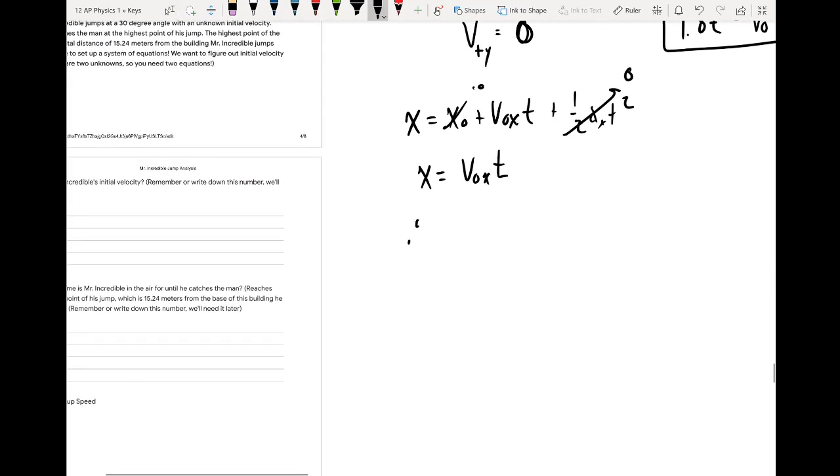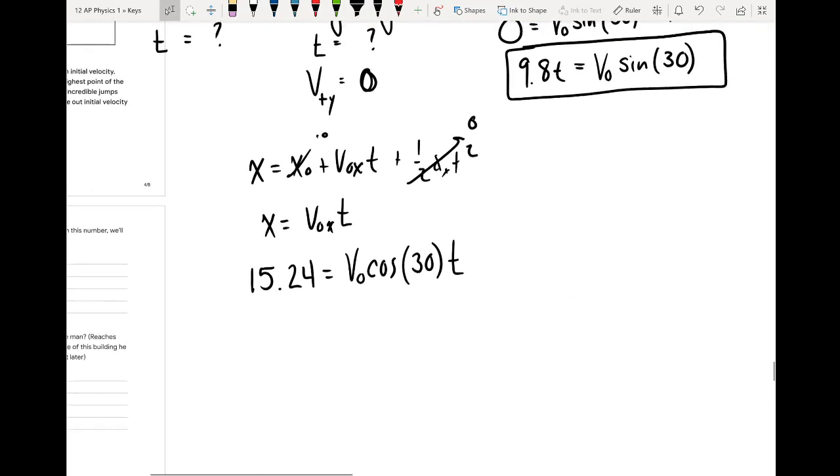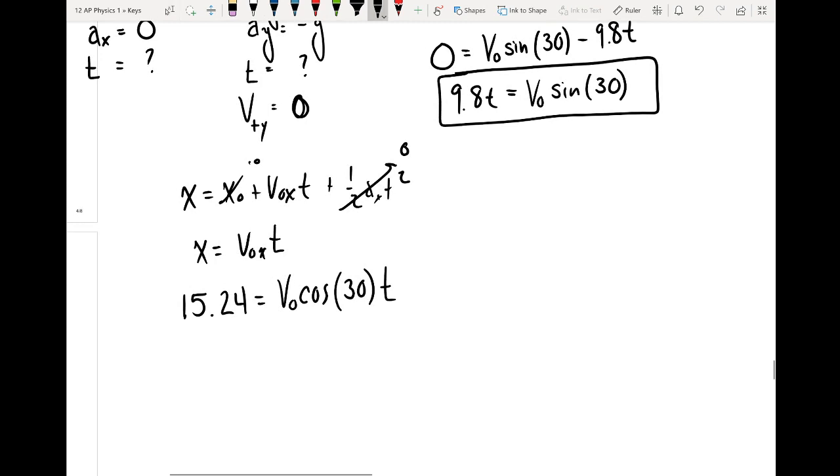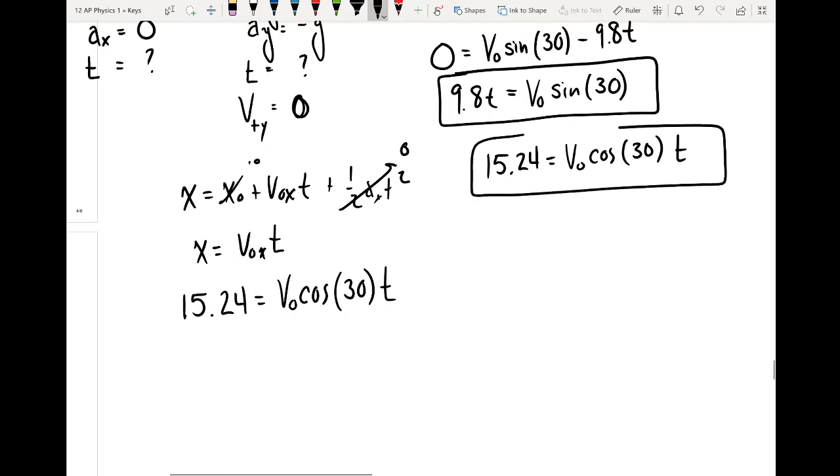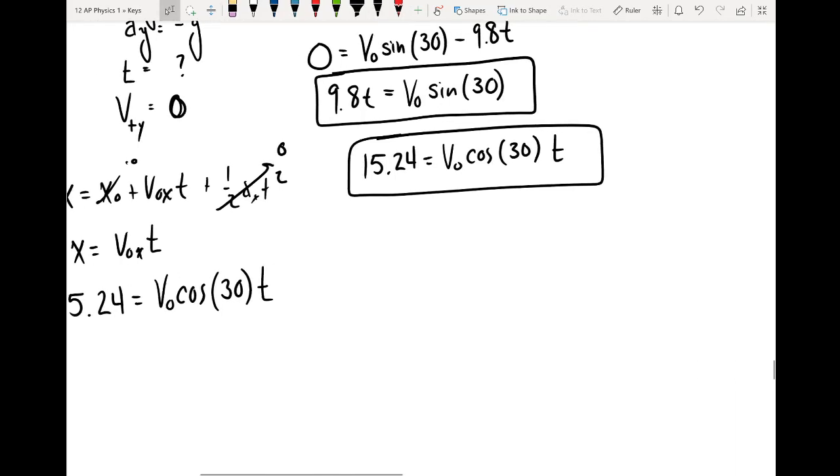I know that this is 15.24 meters. I know that v0 x is v0 cosine of 30 times t. So what I have is two equations with two unknowns. So I actually have enough now to solve. Two equations with v0 and t as the unknowns.